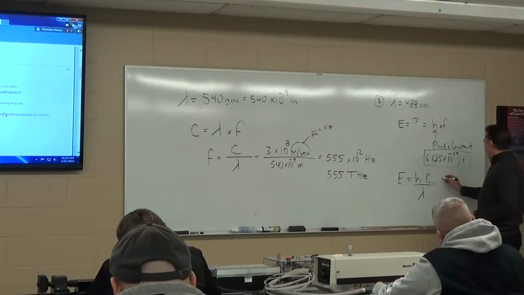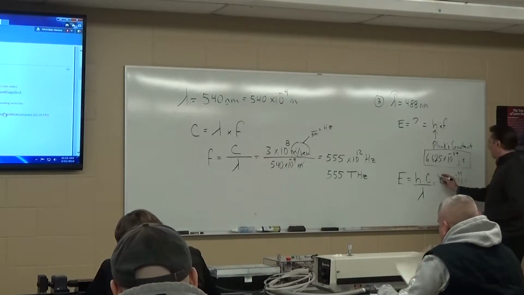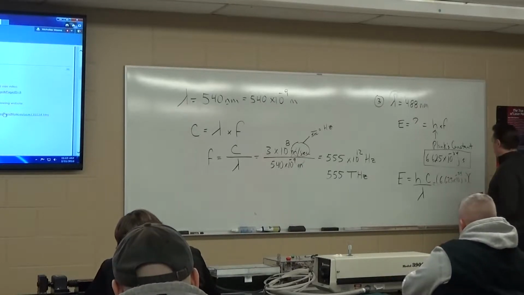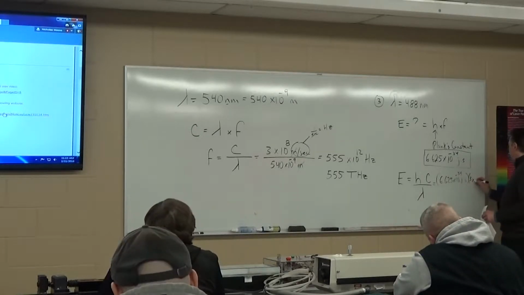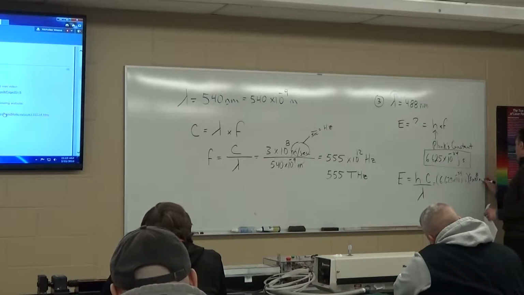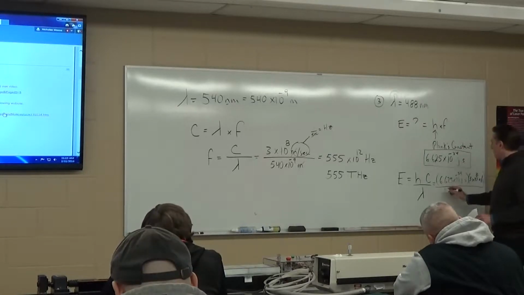So if we plug the numbers in, we get 6.625 times 10 to the minus 34 joule seconds times, I'm running out of whiteboard space here, 3 times 10 to the 8th meters per second on top, and on the bottom we have 488.